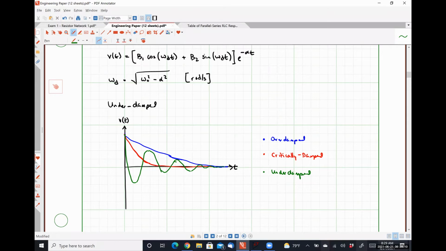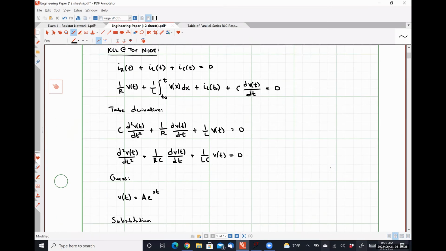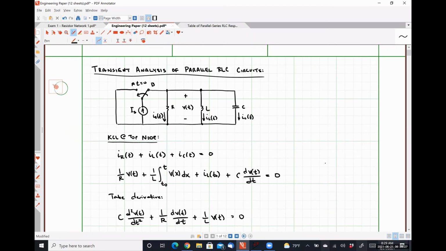So before we move along to our example problem here, I want to go all the way back to the beginning and ask you a question. What if this switch went in the opposite direction?